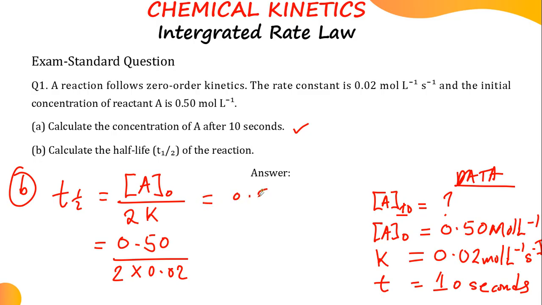We have 0.50 over, what is 2 multiplied by 0.02? That's 0.04. Then once you divide, 0.50 divided by 0.04 gives 12.5. Half-life is measured in what? Seconds.